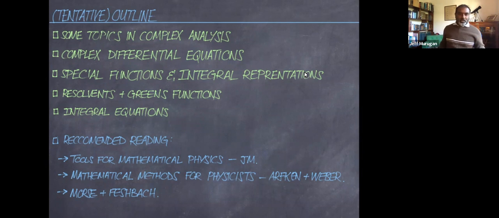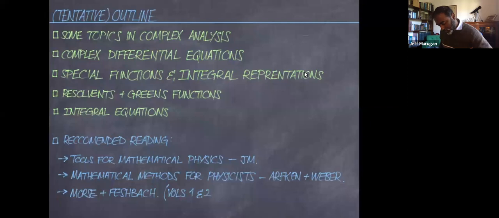But if you read the book enough and you stick around in the field enough, you start to learn that most mathematical physics textbooks are really adaptations of Morse and Feshbach. It really is this two-volume set that constitutes, it's like the Bible in the field. So there's two volumes, 1 and 2. They cover slightly different material. I draw on some of this, but I also expand on it, and I've adapted it for the material that I want to cover.